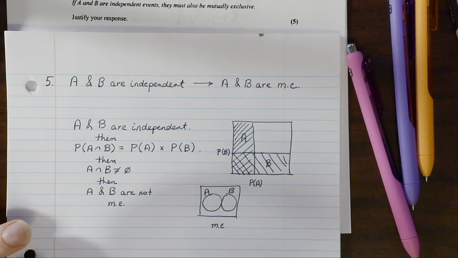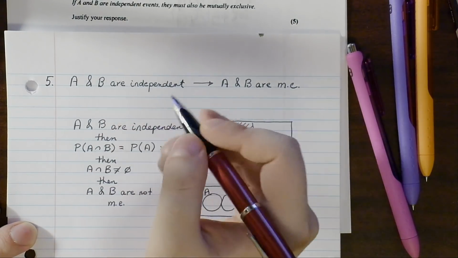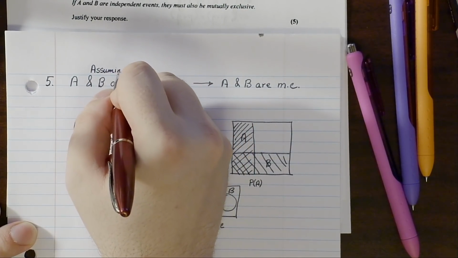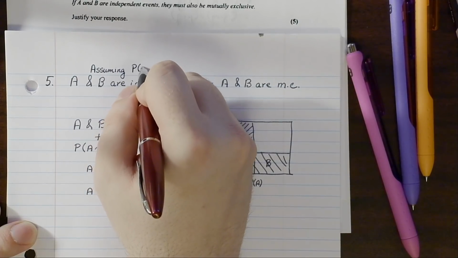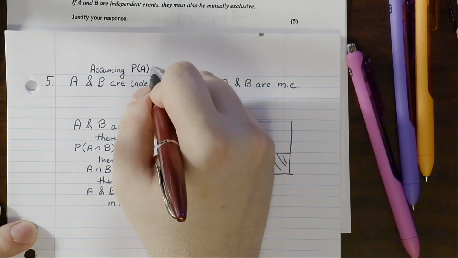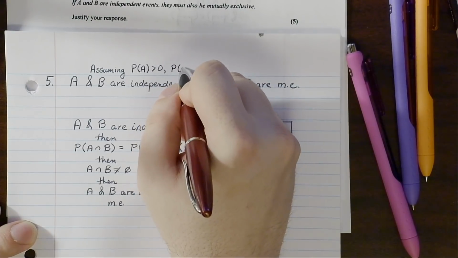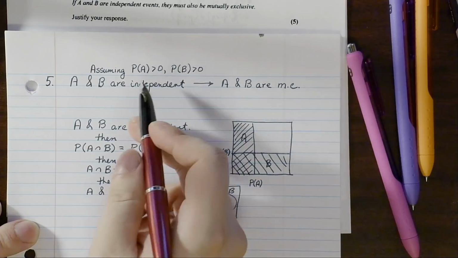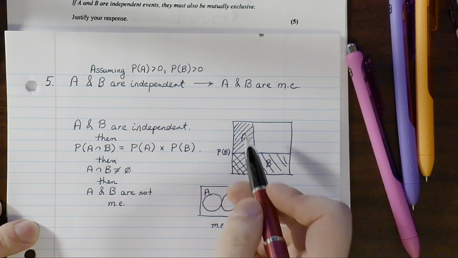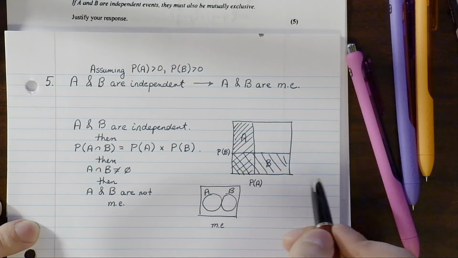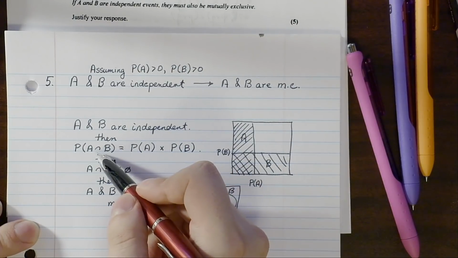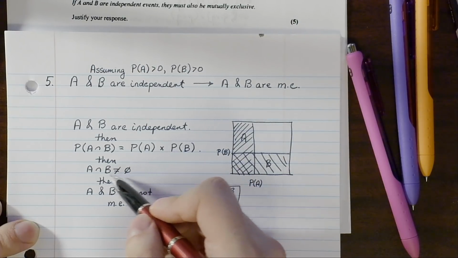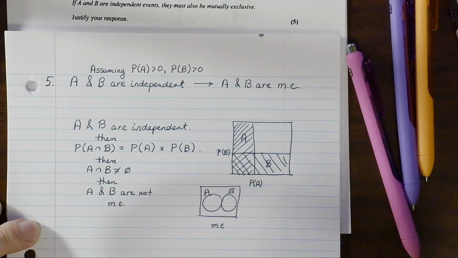But there should have been something added to it, which was assuming that the probability of A is greater than 0 and the probability of B is greater than 0. Because these are probabilities greater than 0, they have to have some area in here, which means I have an intersection, which means it can't be empty, which means it's not mutually exclusive.